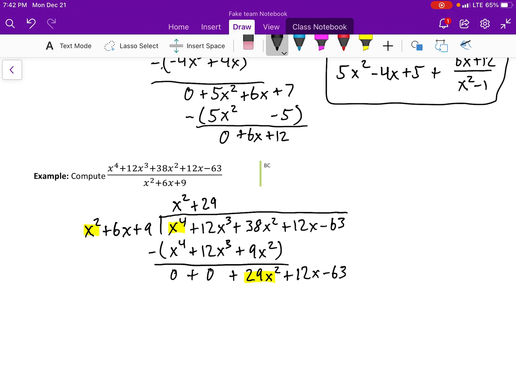So x squared times 29 is 29x squared. 29 times 6, we're going to have to get a calculator for it because I did not know that off the top of my head. 29 times 6 is going to give us 174. And then 29 times 9 is 261.